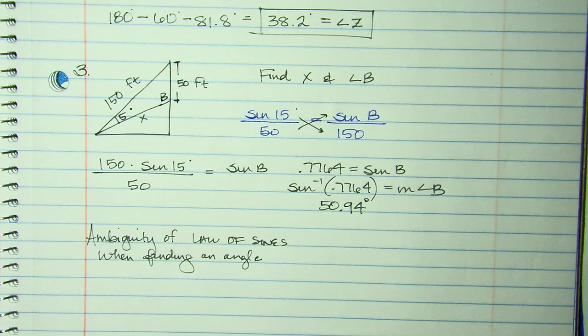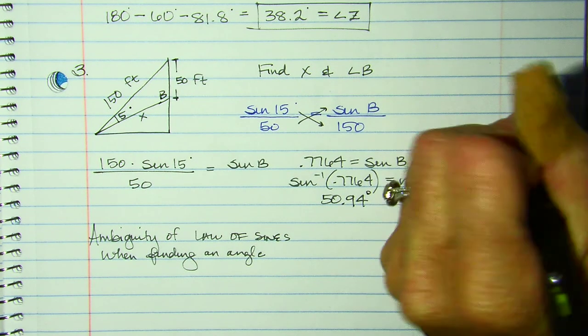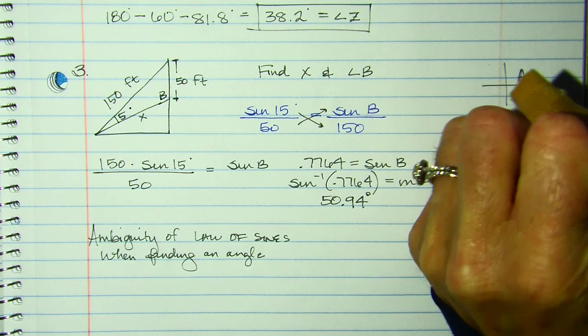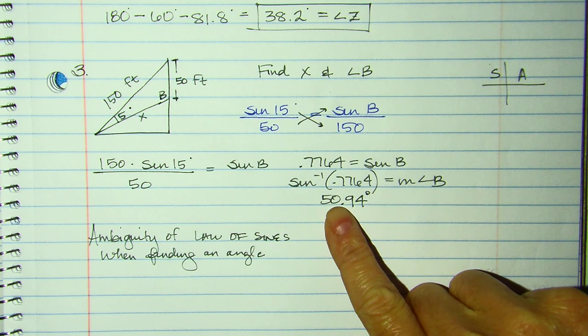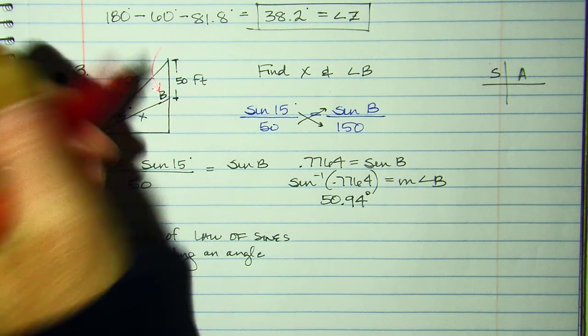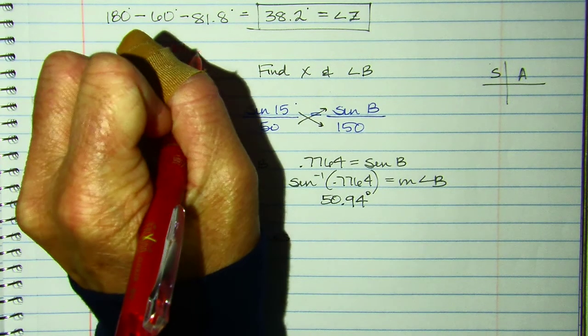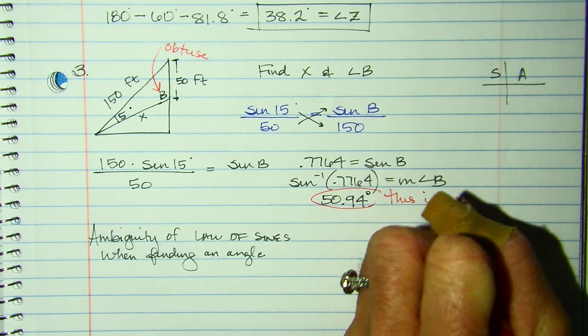What they mean by that is, remember that sine is positive in both quadrants. Okay, that's review. But also, you have to apply the knowledge to our scenario. I got 50.9. That doesn't make sense because this is an obtuse angle. So this is not obtuse.